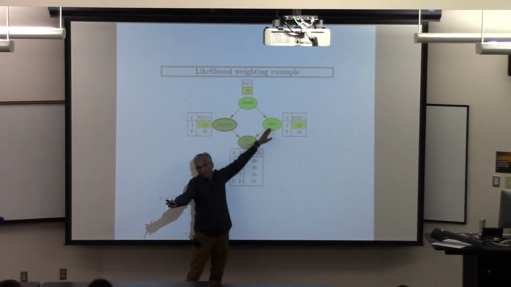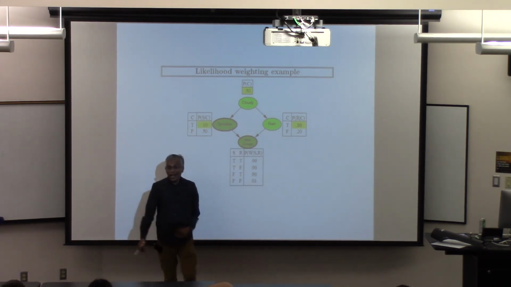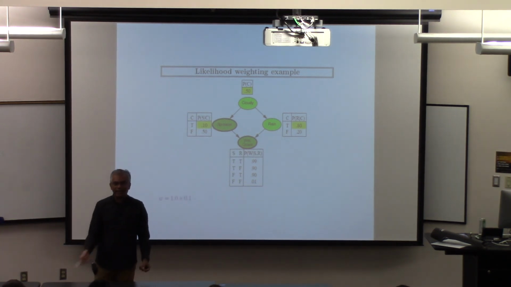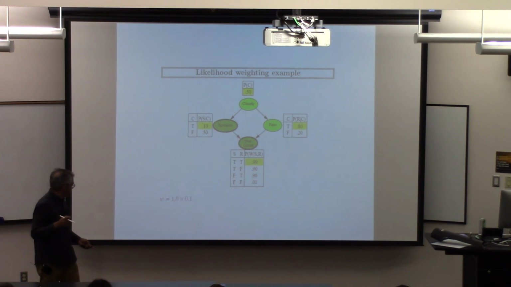Rain is already true because of my luck. So if sprinkler is true and rain is true, wet grass can be made true with 0.99 probability. So the weight of my sample now is 0.1 times 0.99, that means 0.099.